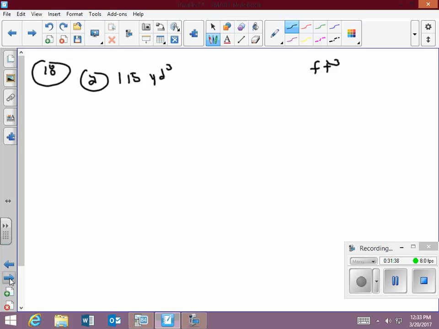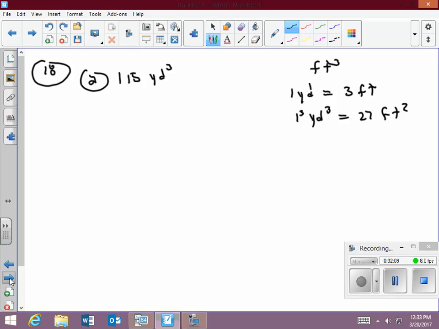What is the relationship? Well, there's 3 feet per yard. So if you cube 1 yard, you get 27 feet cubed, right? 3 cubed. Square or cube? Cubed, because it's in the cube.